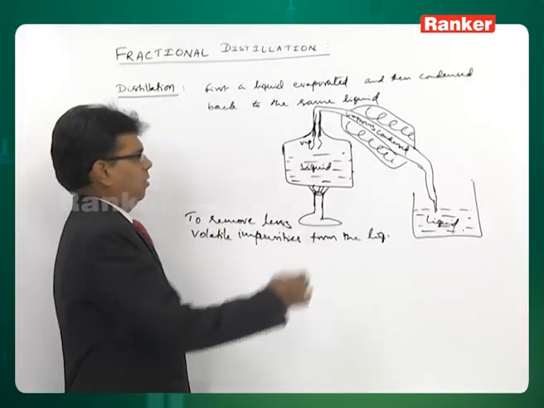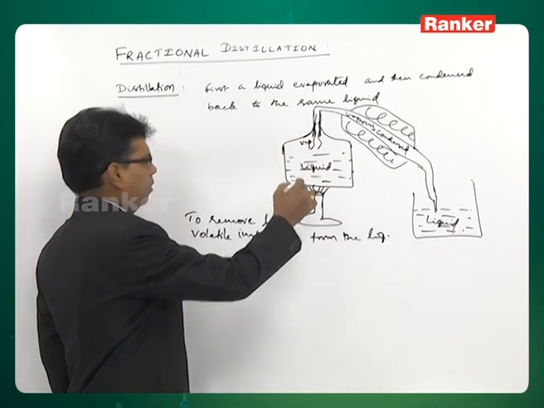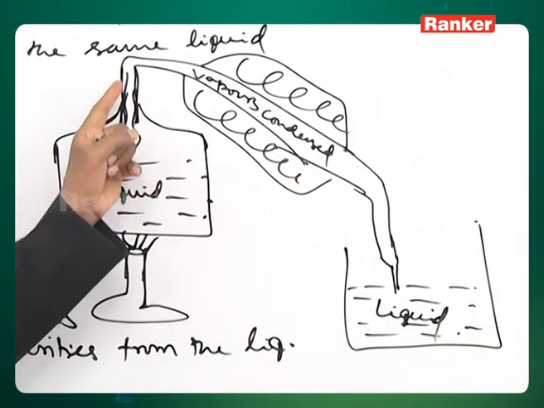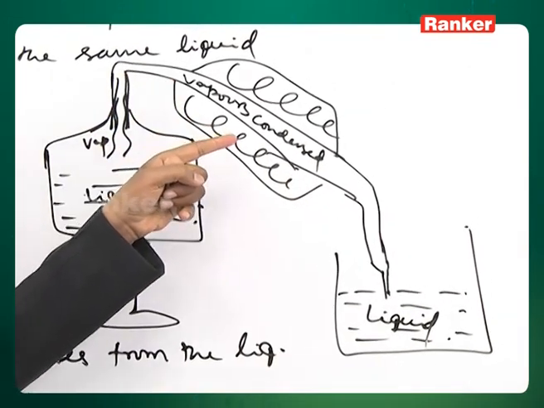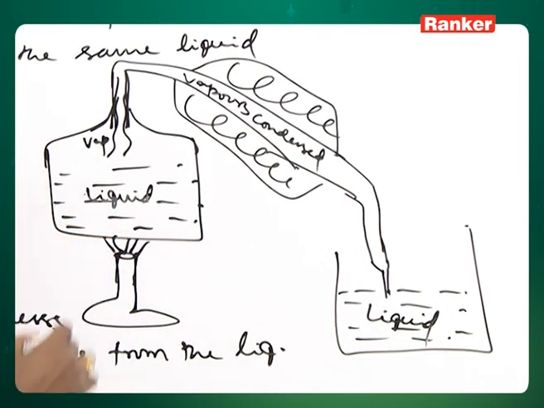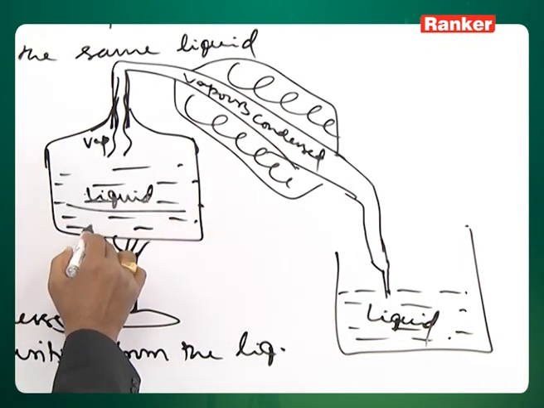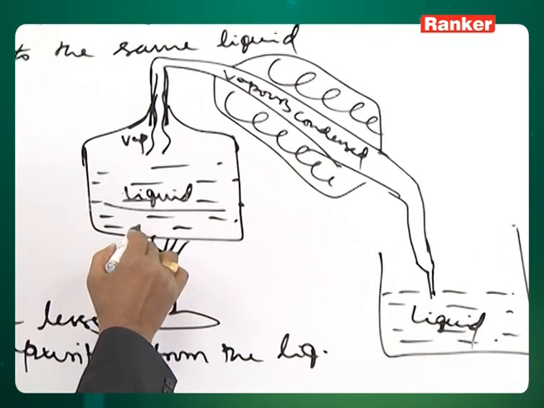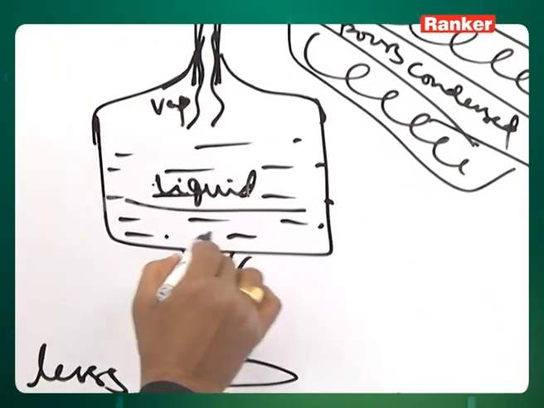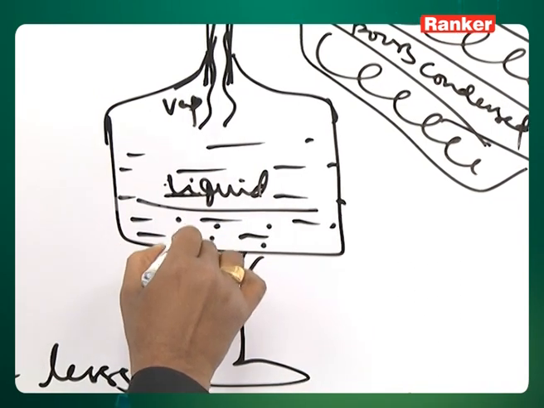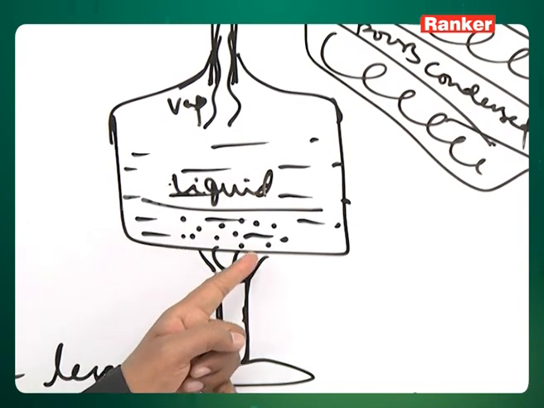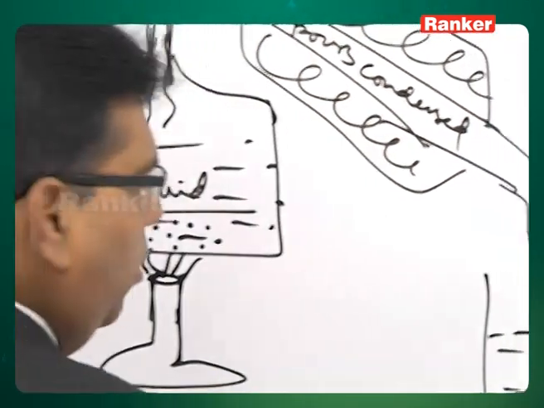When the liquid evaporates at a particular temperature, that is what we call the boiling point, boiling starts, but the impurities present in the liquid which have a higher boiling point will remain over here. These are all the impurities, suppose, and they will remain over here. Pure liquid is what we get.